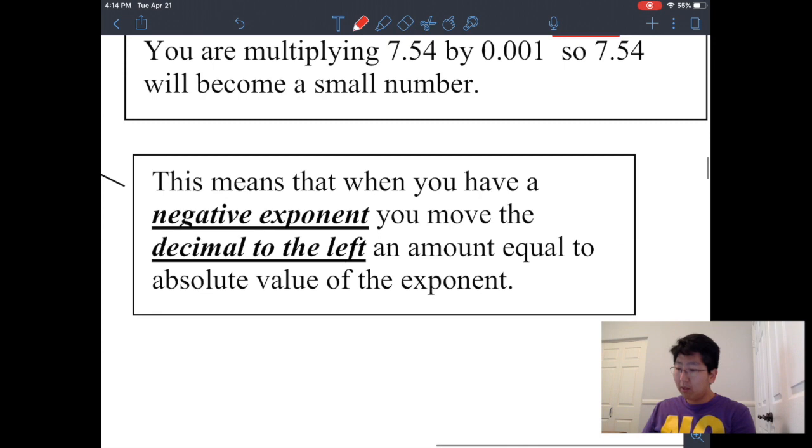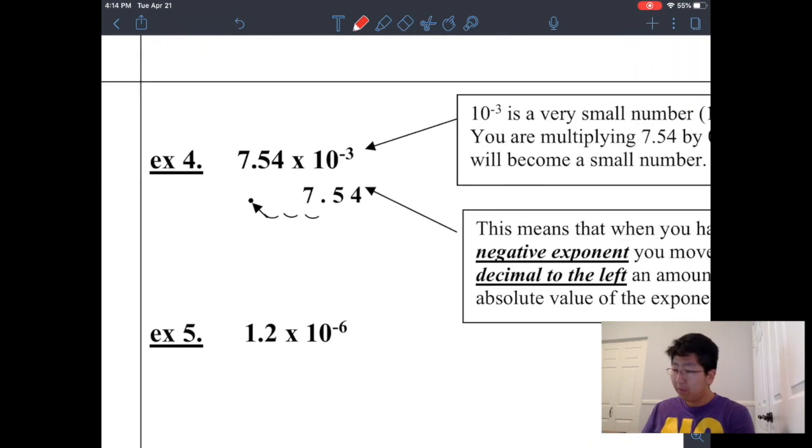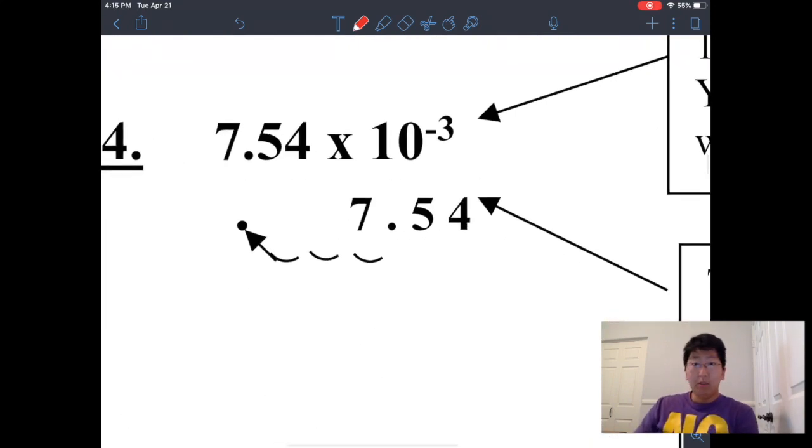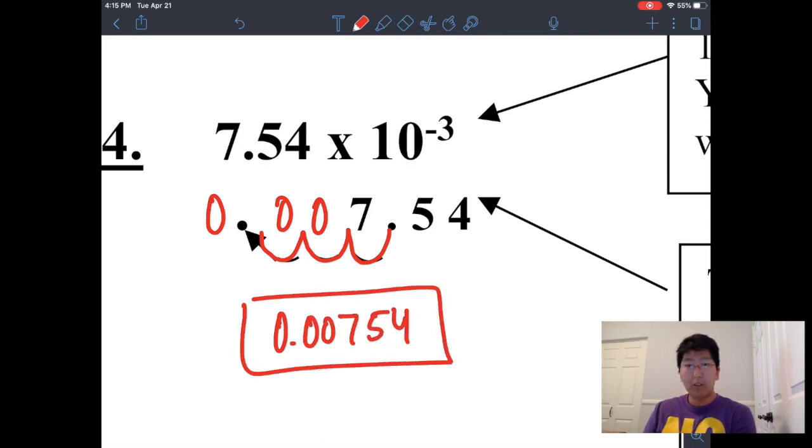That means that when you have a negative exponent, you're going to move the decimal point to the left. You're going to move it the other direction. Okay? So 7.54 times 10 to the negative third, we're going to move that decimal point over 1, 2, and 3. That means we need to add 2 zeros to fill in those gaps. And our answer here is 0. And you could always put a 0 in front of a decimal point. 0.00754. Okay? So whenever you have a negative exponent, you move it to the left.